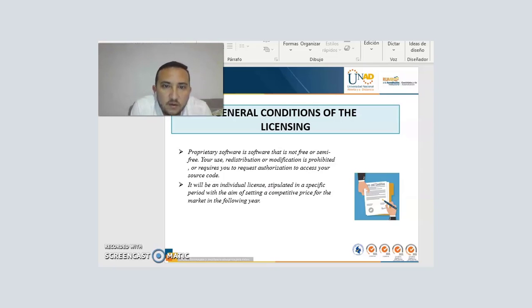It will be an individual license stipulated for a specific period, with the aim of setting a competitive price for the market in the following year.